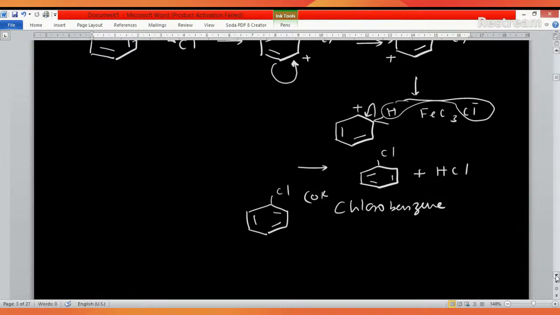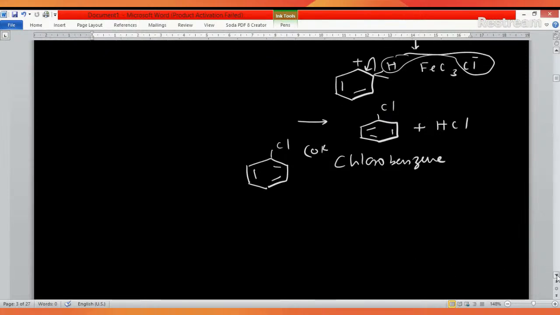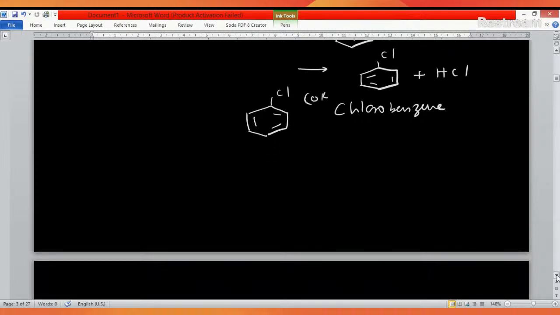For the chlorination, the reagent required is FeCl3. Likewise, the same benzene can be brominated.